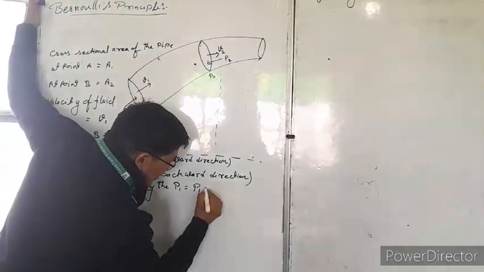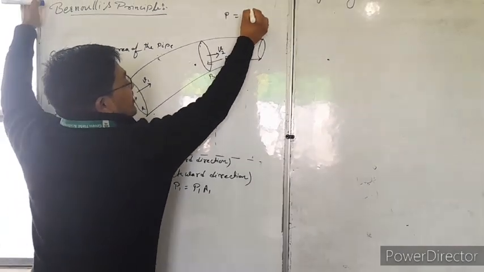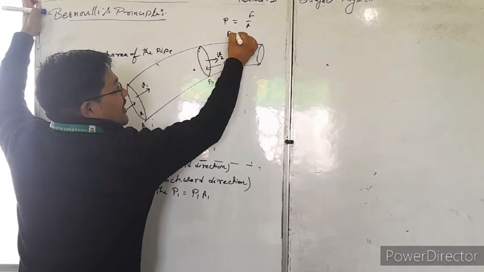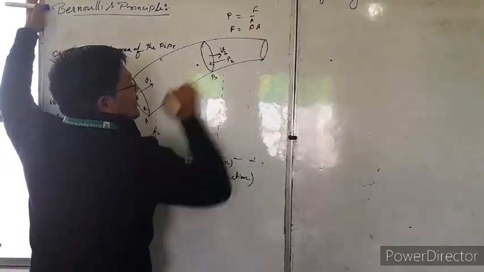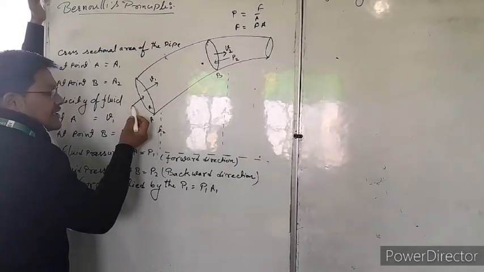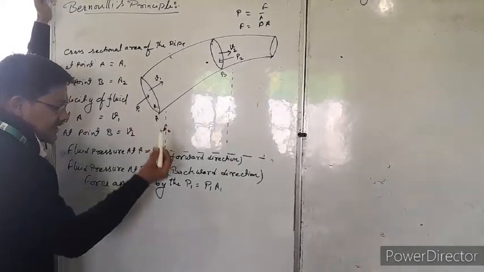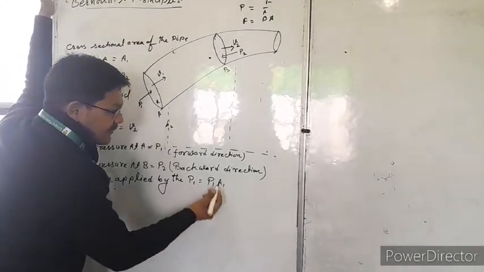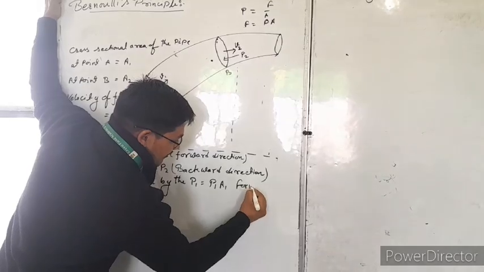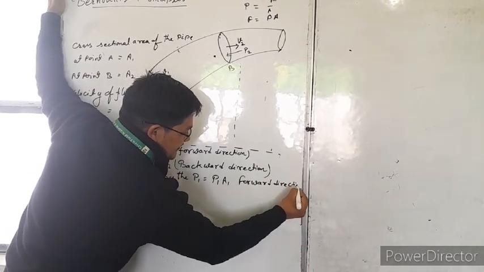Why? Because pressure is equal to force upon area, so F equals P into A, and at point A the fluid pressure is P1 and the cross-sectional area is A1. That's why I have written P1 A1. Obviously it will be in the forward direction. Is that clear?